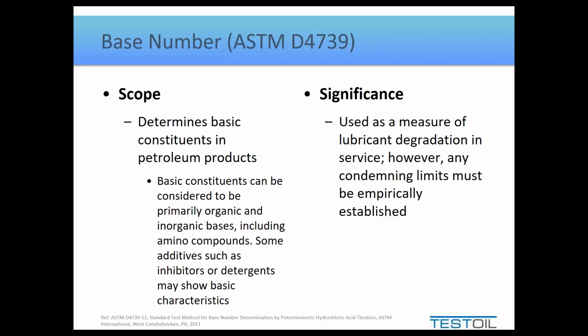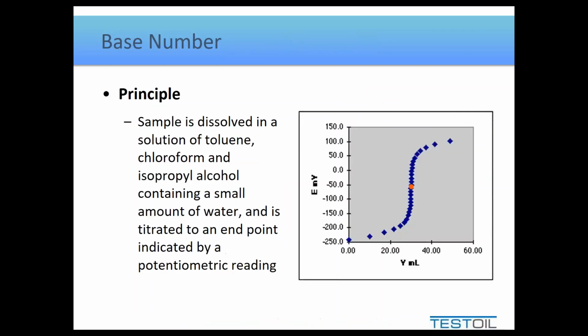The significance of measuring base number is that rather than seeing the damage done, rather than measuring the acids that have formed, you're measuring the ability to help combat these acids. Now, the basic principle is the same. It is a titration. It's not a color change version, it's a potentiometric version. And rather than adding a base to the sample, we add an acid to the sample, but everything else holds the same.